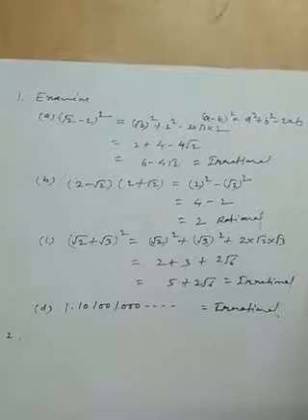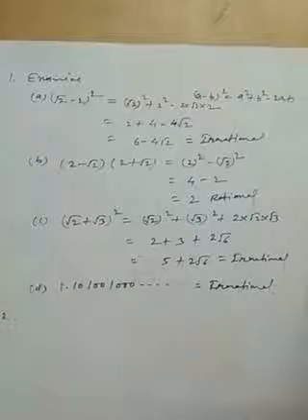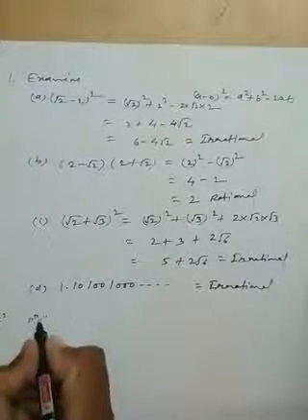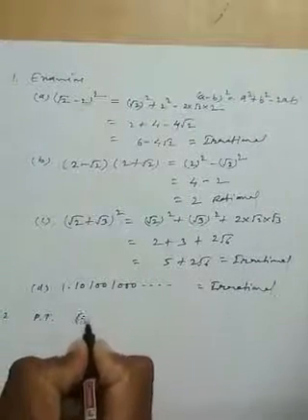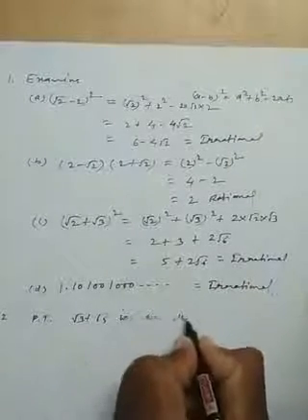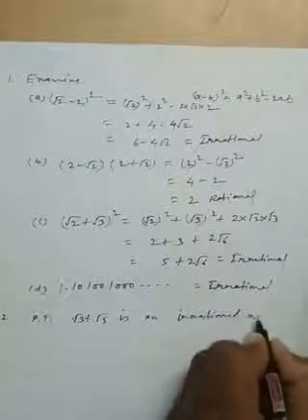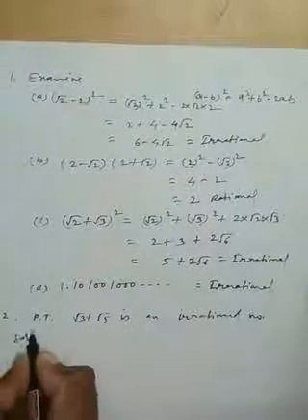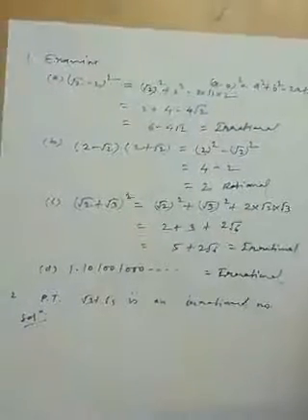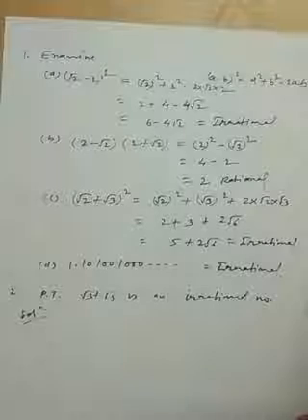Second question is: prove that √3 + √5 is an irrational number. We can solve this question with the help of the contradiction method.